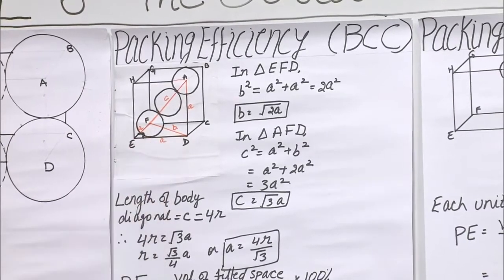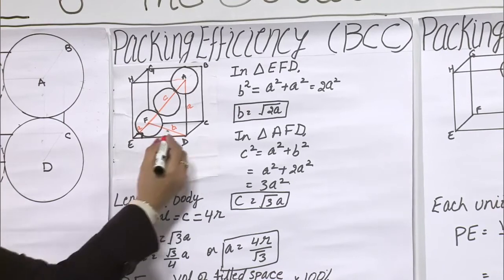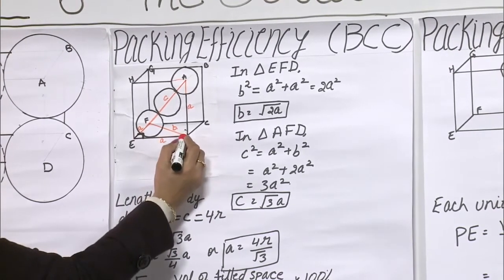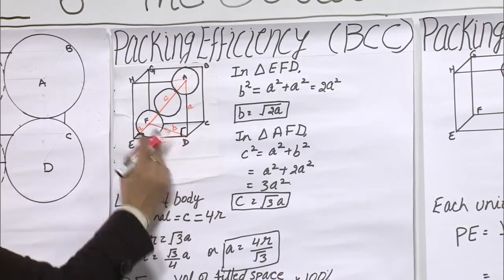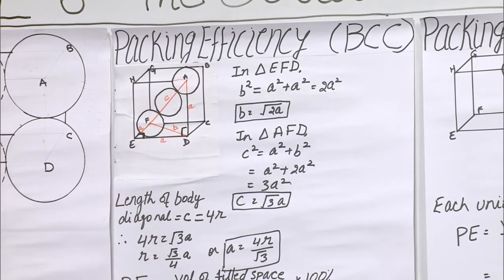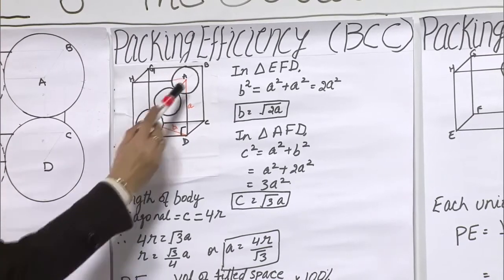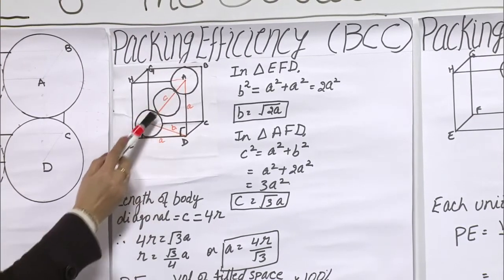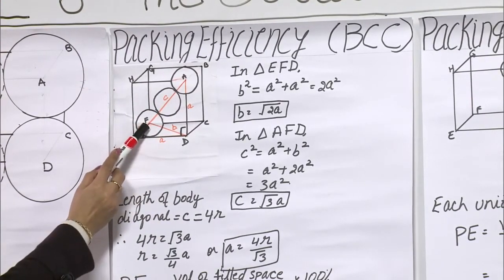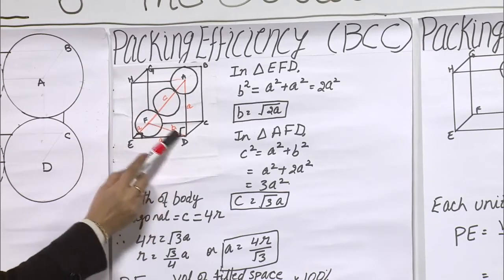Now, let us check AFD. Again, here we can see the 90 degree angle is there, and opposite to that will be the hypotenuse. So, if we take AFD, c square equals a square plus b square.